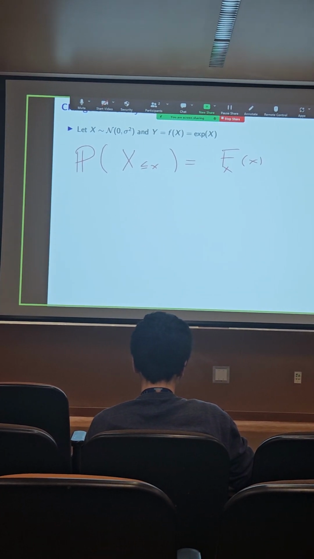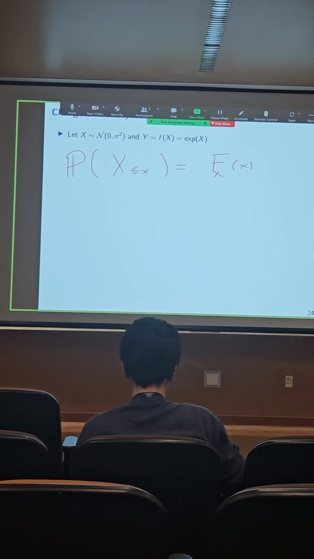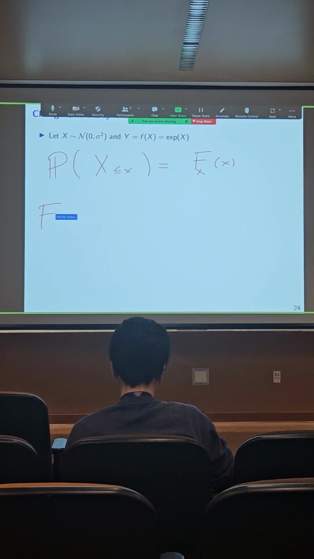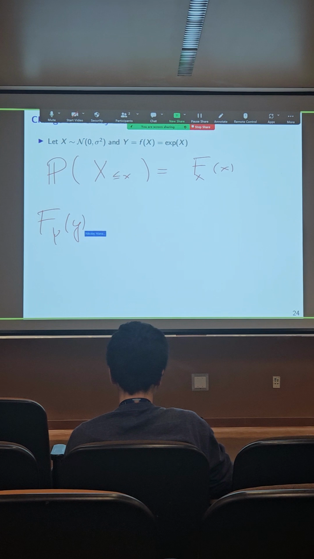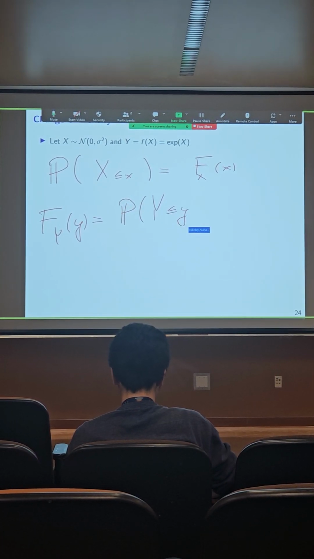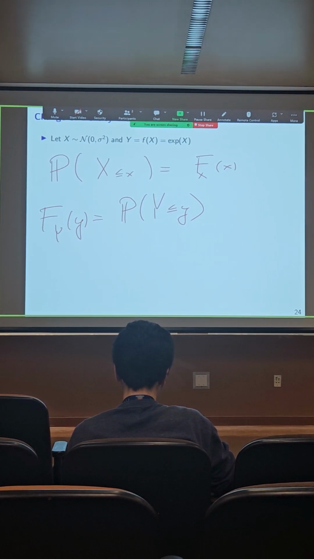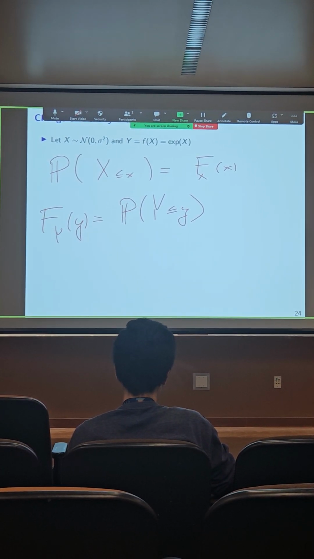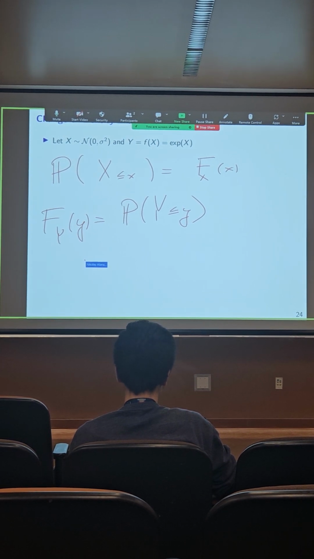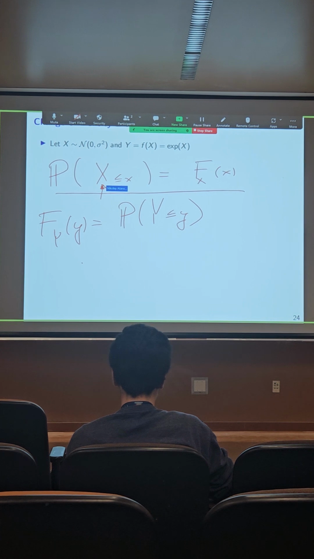Now we can substitute for y. To find the distribution of y, I need to find fy of y, which will be P of y less than or equal to y. So how do I go about doing that? I can start with this one, which I know, but plug in the relationship between x and y.